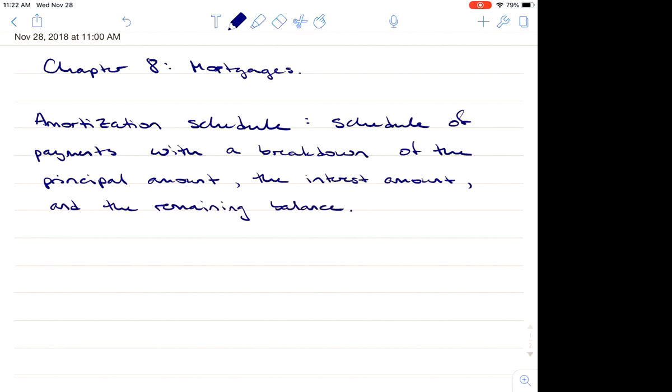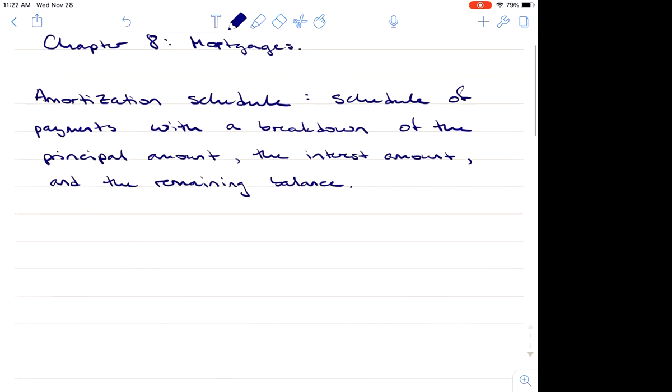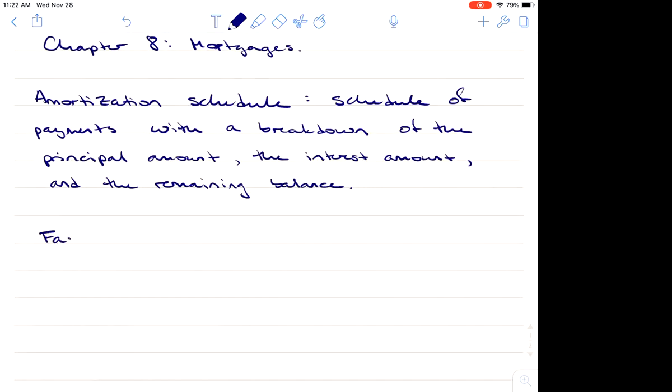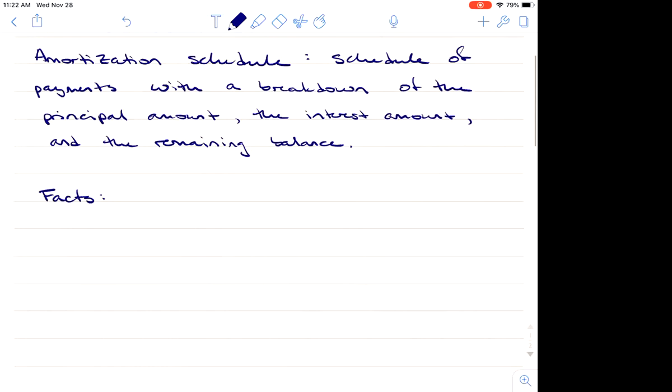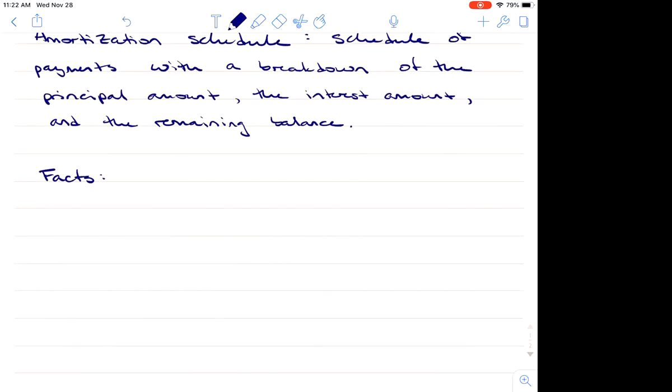It's possible that you've seen some sort of amortization schedule. If you're looking at mortgages, that's the most common situation. They show you an amortization schedule and show you, okay, your first payment, this much is going towards the principal to pay off your loan, and this much is going towards the interest, because we have to pay interest on these loans. So we're just going to run through some facts of how we set up this amortization schedule.